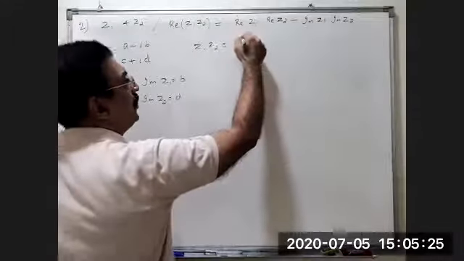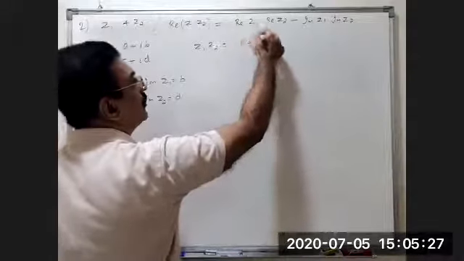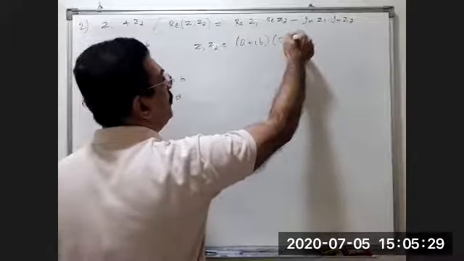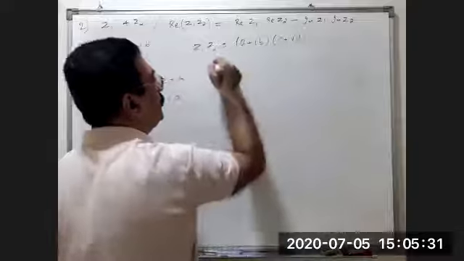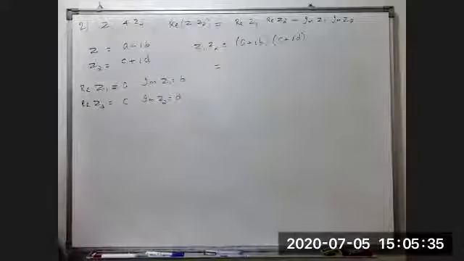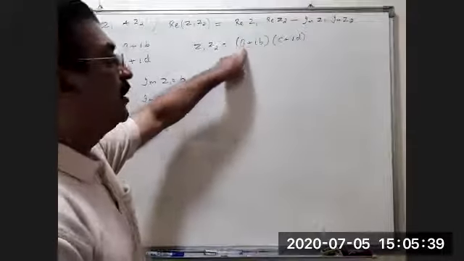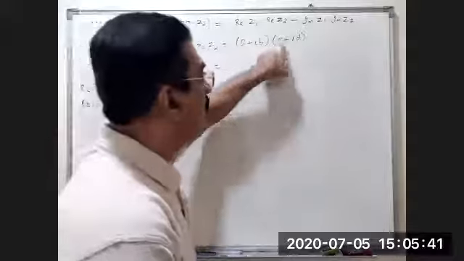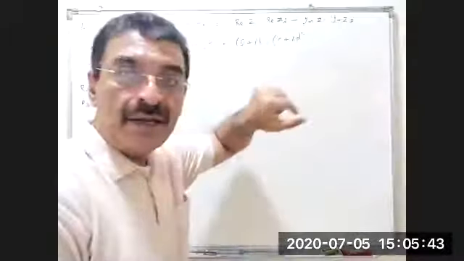Okay. So z1 is a plus ib, z2 is c plus id. This is what we are saying. Here also it is normal multiplication. Normal multiplication means, like in algebraic expressions, first we take a, multiply it with each and every term of the second bracket.